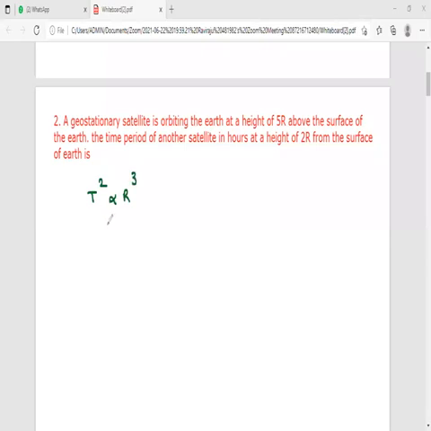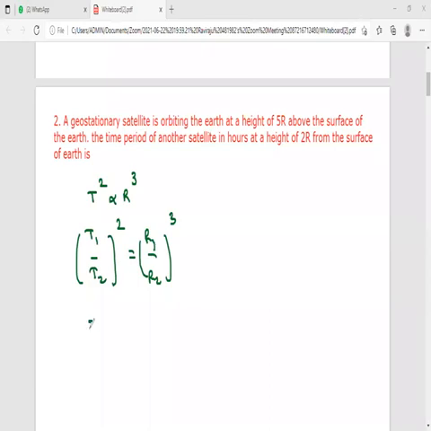But two different cases are given here, so I will write T1 by T2 whole square equal to R1 by R2 whole cube. So T1 by T2 means the first case I consider the geostationary satellite, and in the second case the satellite with some other distance 2R.